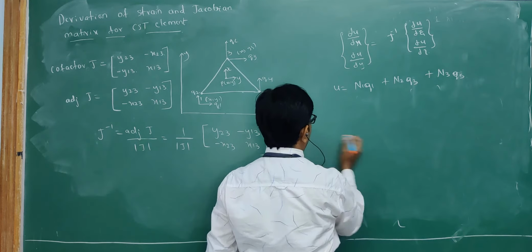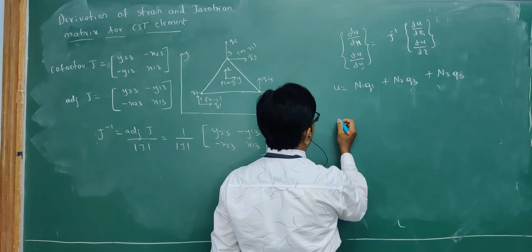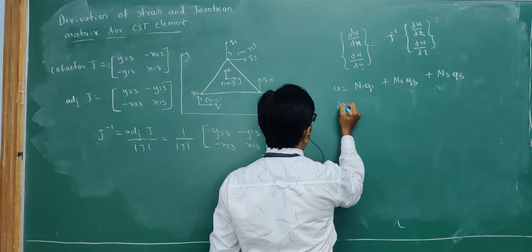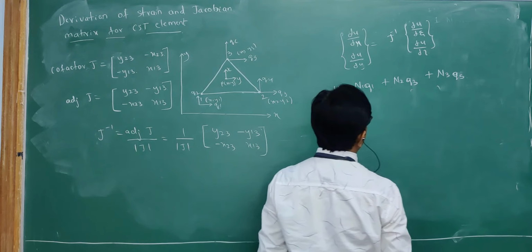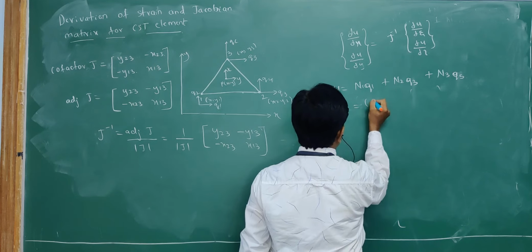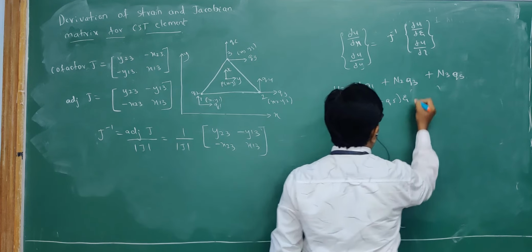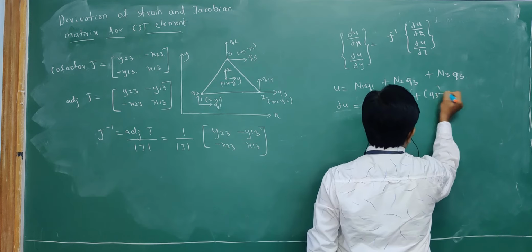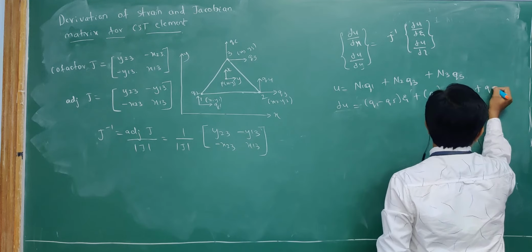So if I want to get the values of dou u by dou zeta, first I solve for the u parameters. This will be q1 minus q5 into zeta plus q3 minus q5 into eta plus q5. This is fine.